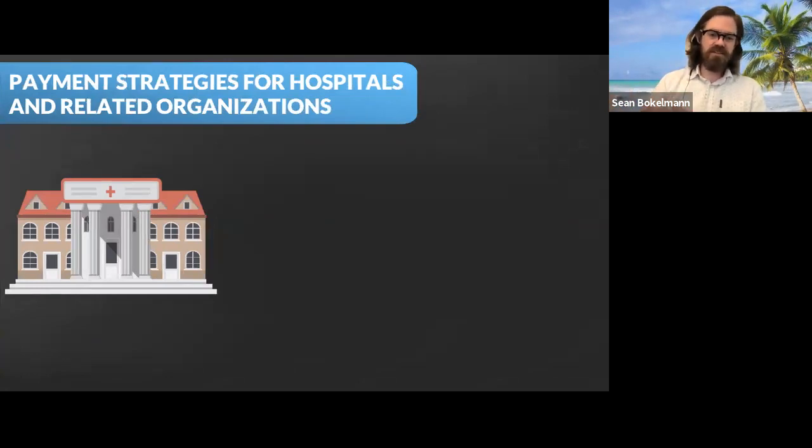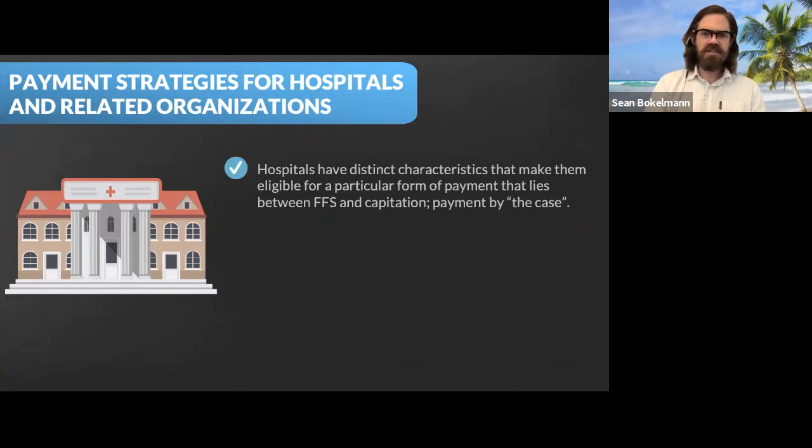Now, aside from physician type interventions, there's also potential interventions for hospitals and similar types of organizations, right? Now, hospitals have distinct characteristics that make them eligible for a type of payment that's between FFS and capitation, almost like a blend, like we were talking about for physicians.